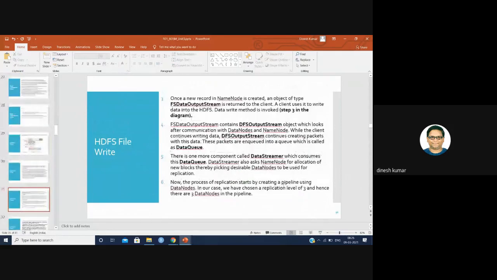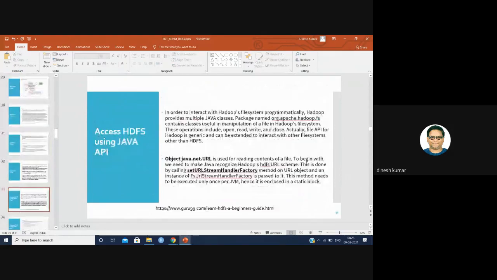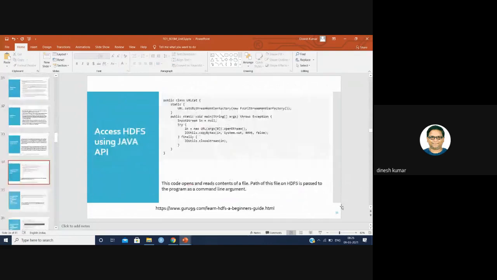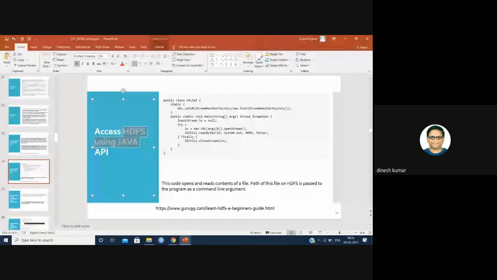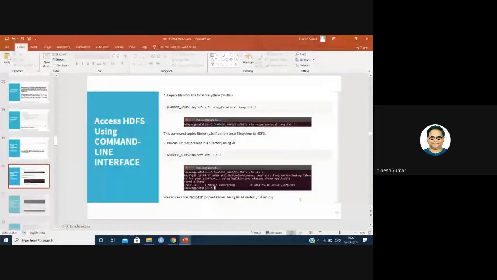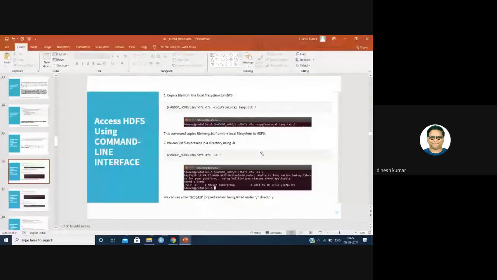Access HDFS using Java, and there are some programs through which you access files, you read files, you close files, you write files. So using Java API, all these things have already been talked about.